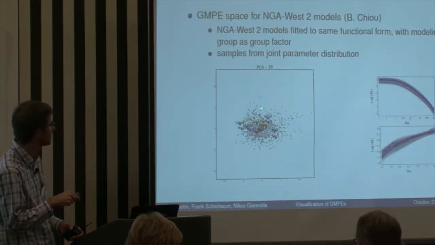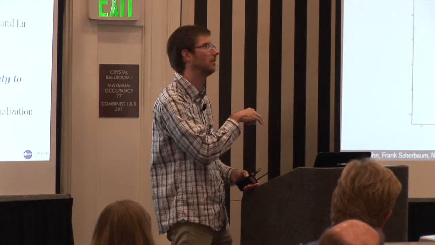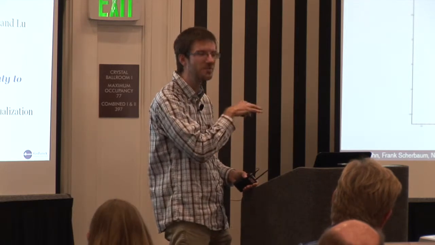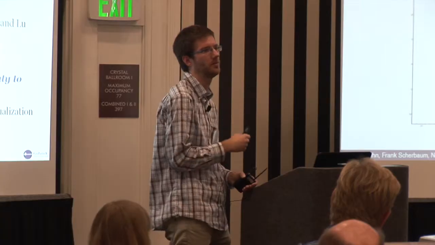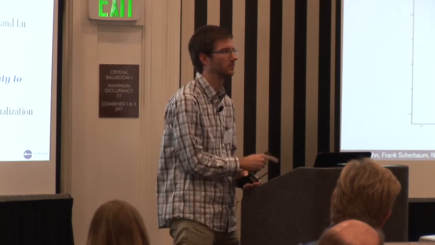If we've got a point, let's say up near the top, would we be able to tell what that model is so I could now use it? Yes, in principle I could go there and recover the parameter combination of that model, and so we could create that GMPE.